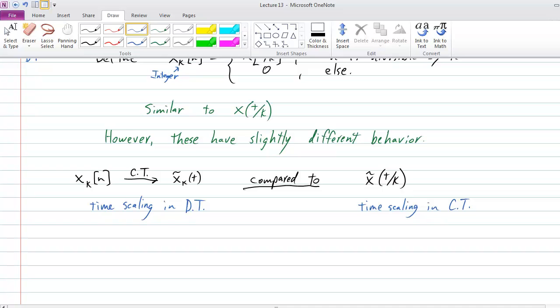Now we know this is 0 except at integer multiples of k. So I'm going to let n equal mk, where n's integers, and this is just the sum over n.